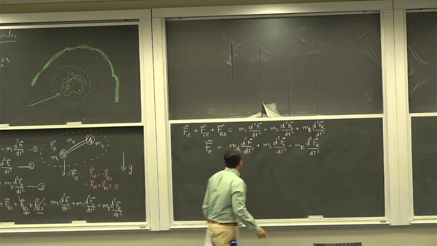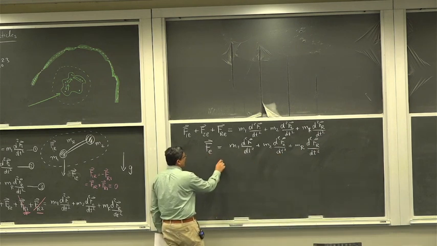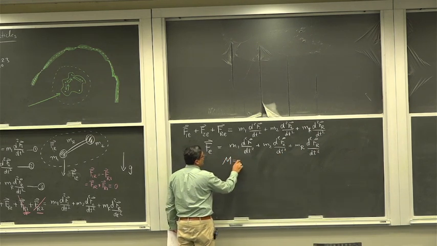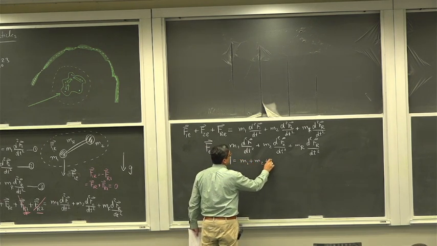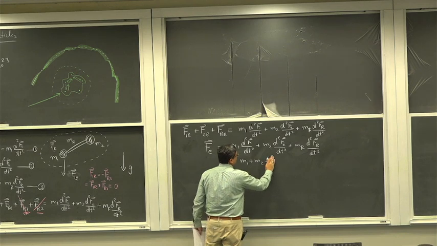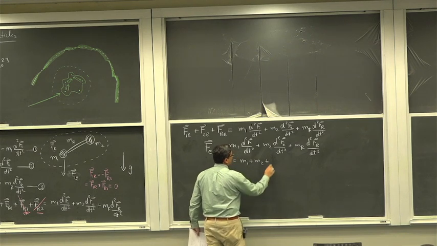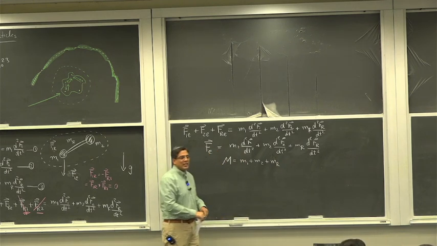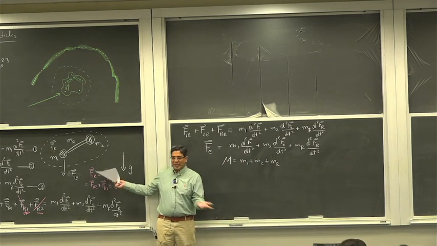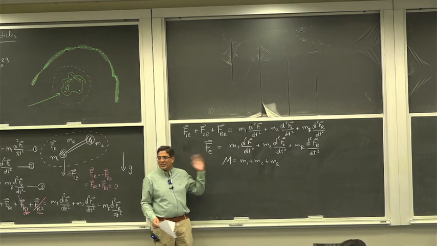So we are defining a new quantity here, capital M, which is M1 plus M2 plus MR, the total mass of the system. All the masses summed together give you the total mass of the system.